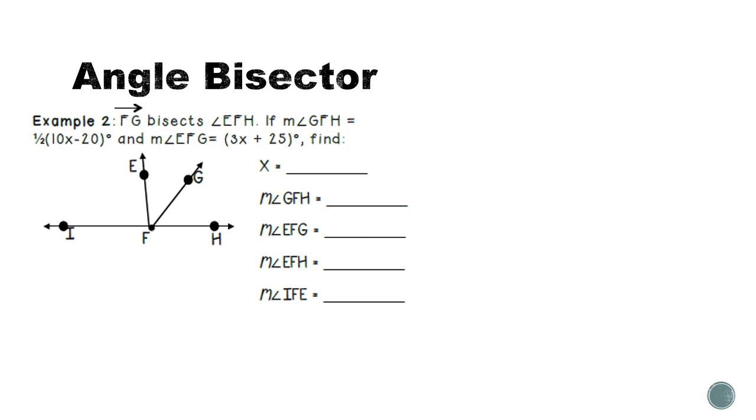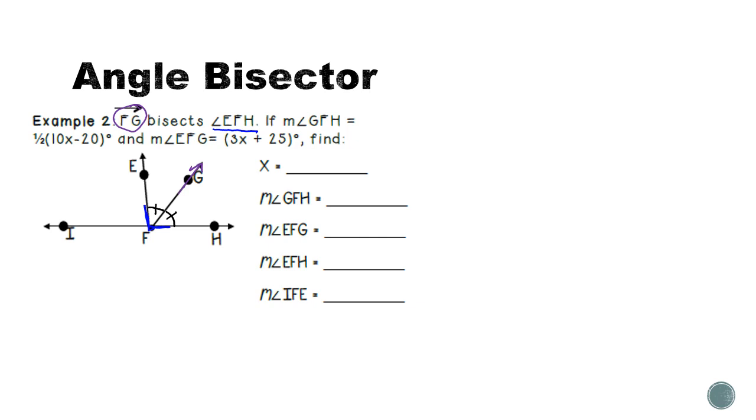We'll do one more example here. Example 2 says ray FG bisects angle EFH. Since FG, right here, bisects angle EFH, that's this large angle, I know by definition of bisector that EFG is congruent to GFH.